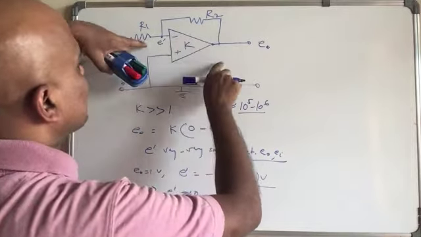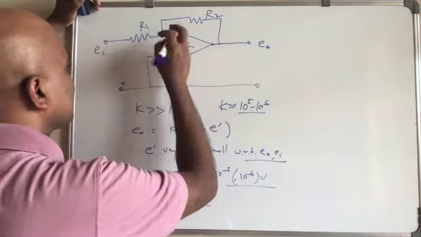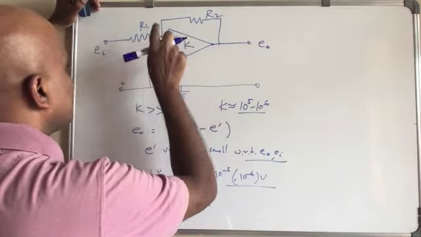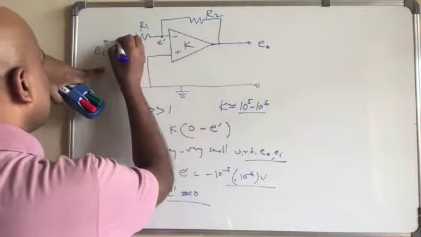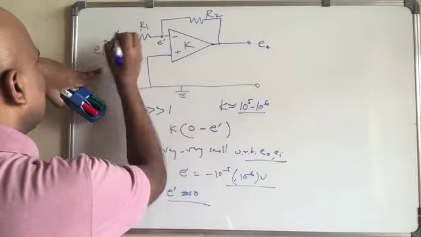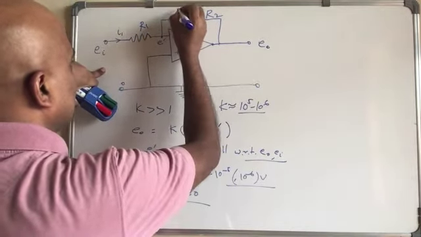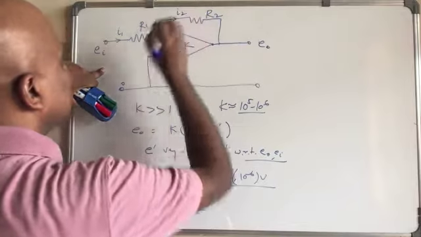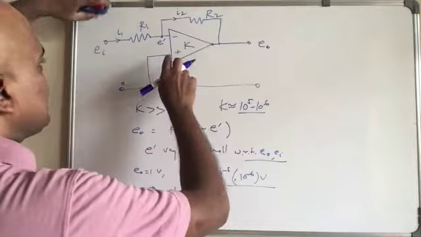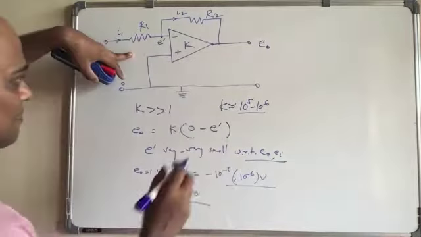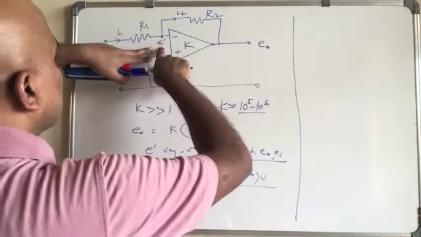Because of that, if this is 0 here, then we can find out the current which is flowing here. So let us say this is EI, this current is I1, and this is I2.